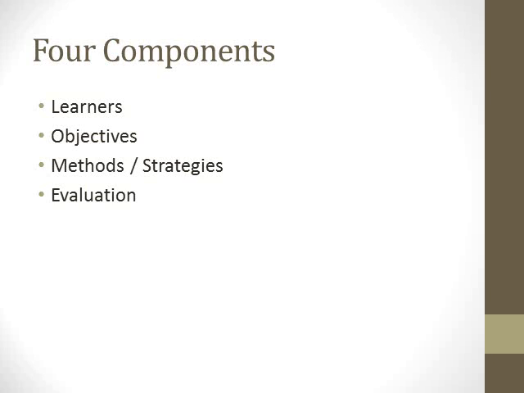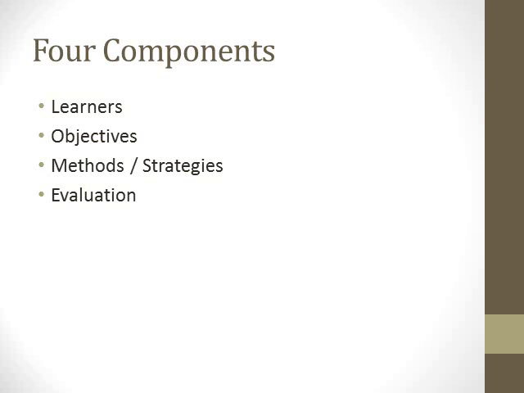And as we move towards our instructional design model in our textbook by Morrison, Ross, and Kemp, there are 4 components that drive the instructional design model. 4 questions, different components. The first one is, for whom is the program developed? The main number 1 component is the learners.